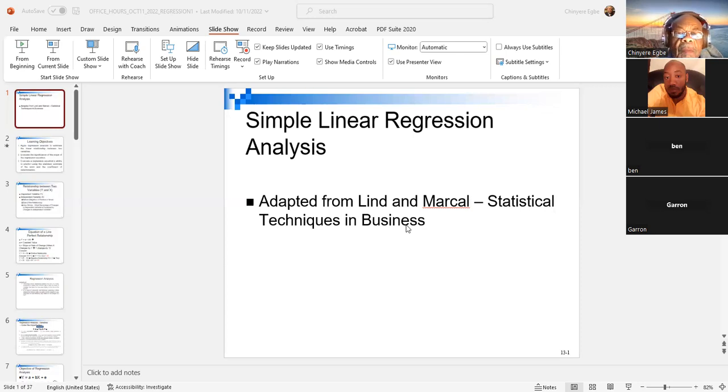So the average time that it takes you to arrive at work is called a dependent variable, because the time, whether it is 20 minutes or 25 or 35 or 45 minutes, the length of time that it takes you to arrive to work depends on what?